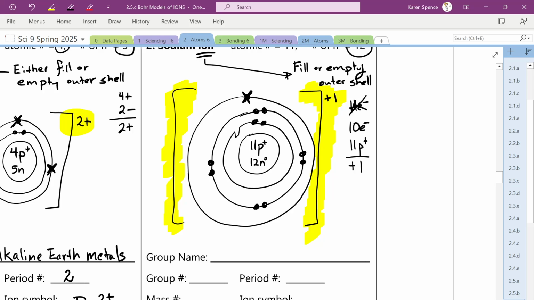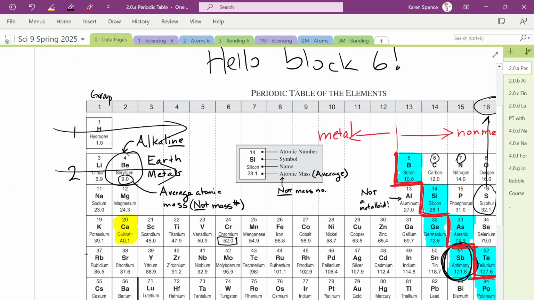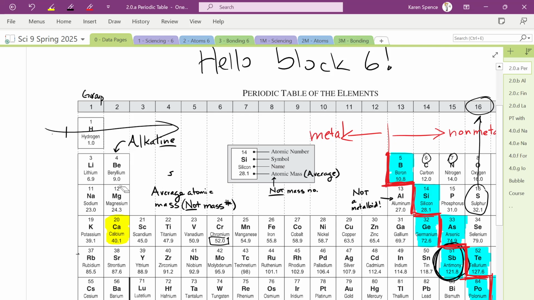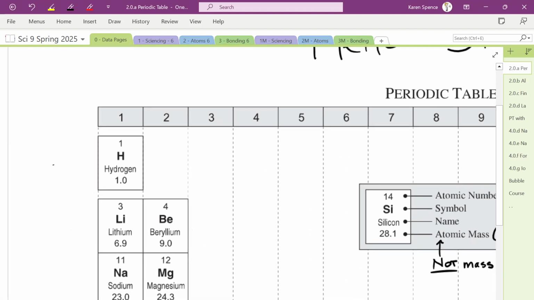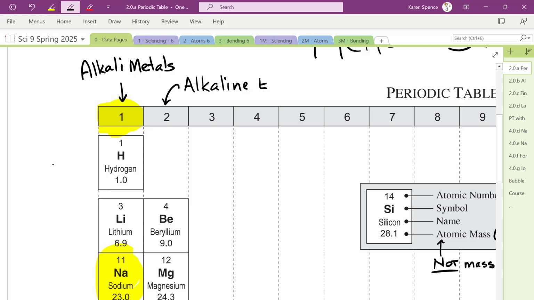What is our group name? Well, let's go find sodium on our data pages. Sodium is in group number 1. And the name of group number 1 is the alkali metals. What's the name of group number 2? The alkaline earth metals.